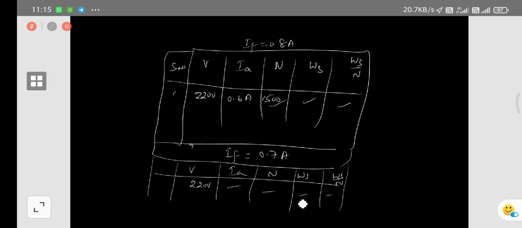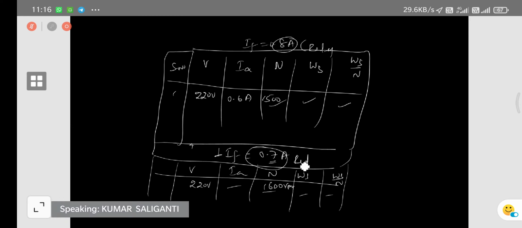If the field current is reduced, my speed will be 600 rpm, not 1500, because the field is reduced compared to this. So you have to take these two readings. This is the rated field current, and this is the reduced field current. These two values are most important here.